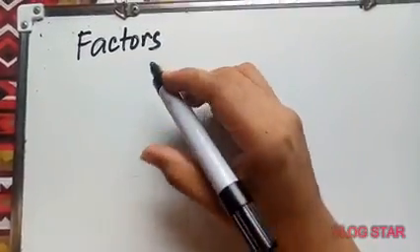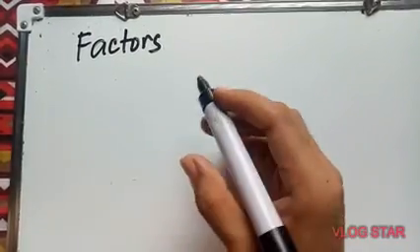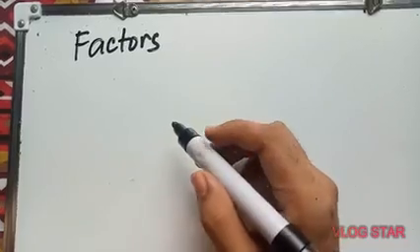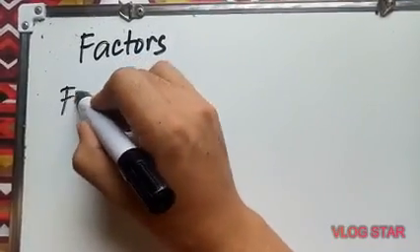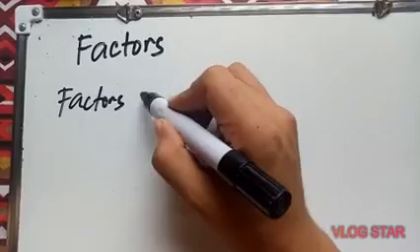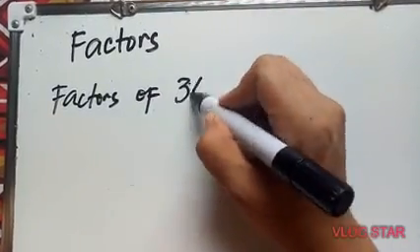When we say factors, these are numbers that you multiply to get a certain number. For example, factors of 30.